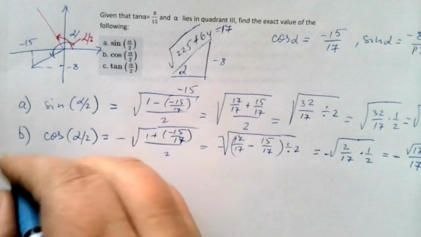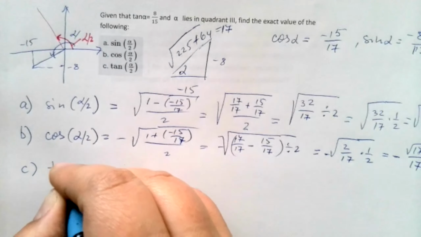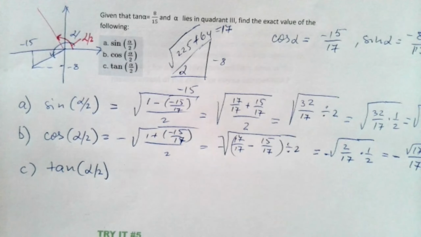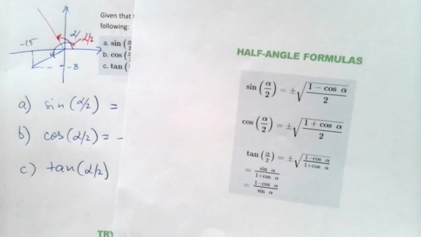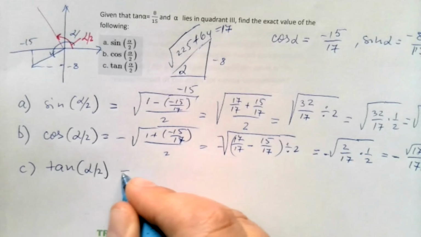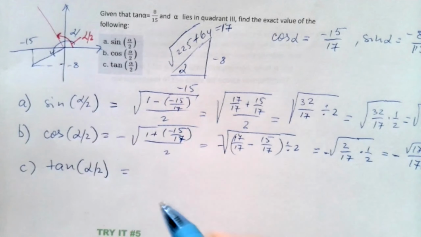Now let's figure out the value of tangent. Again, we're going to apply a formula. All we need is the value of the cosine, and the tangent in this quadrant is going to be negative.